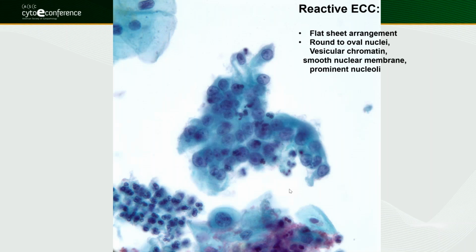Then another one becomes a little more disorganized than the previous one, a little crowded, but overall the nuclei are round, more round than oval, not elongated. We have vesicular, prominent nucleoli and vesicular chromatin, with inflammatory cells on top of it. So this is still a reactive picture.